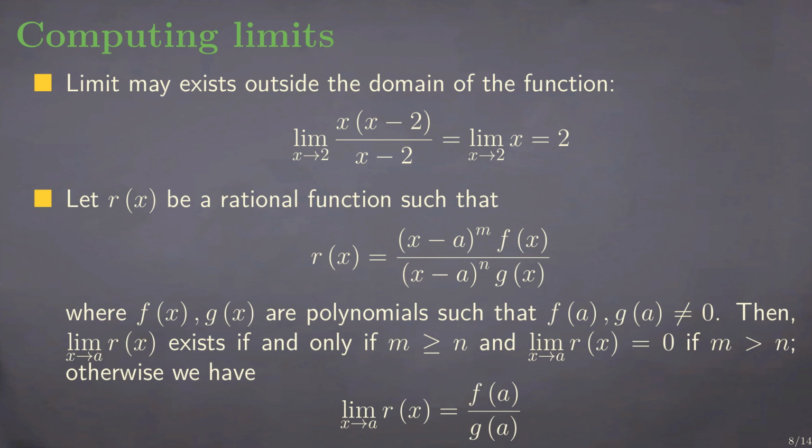So if you take a look back at the example that we just saw, the rational function x times (x minus 2) over (x minus 2), we see that a is actually 2 and m is equal to n is equal to 1. So from the general fact, we can easily deduce that the limit of that function is 2. Okay.